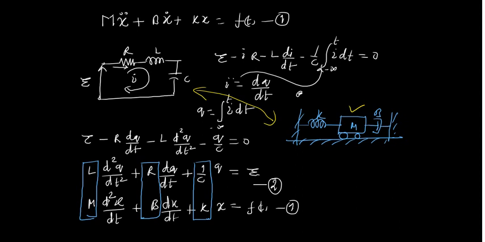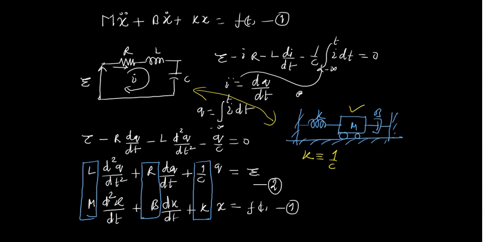So can we say that this spring constant K is equivalent to what? You see, capacitance. So wherever you see K in your system, we put just 1 by C. Clear? Or wherever you see C in your electrical system, you can replace it by 1 by K to represent your mechanical system.